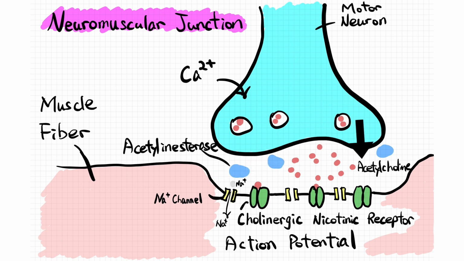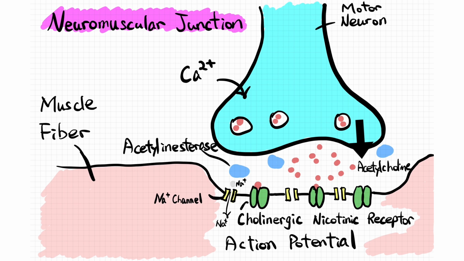When an action potential reaches the motor neuron terminal, calcium influx into the terminal triggers the release of acetylcholine into the synaptic cleft from the synaptic vesicles within the terminal. Acetylcholine diffuses across the synaptic cleft and binds to the acetylcholine receptors on the motor end plate of the muscle fiber's sarcolemma.